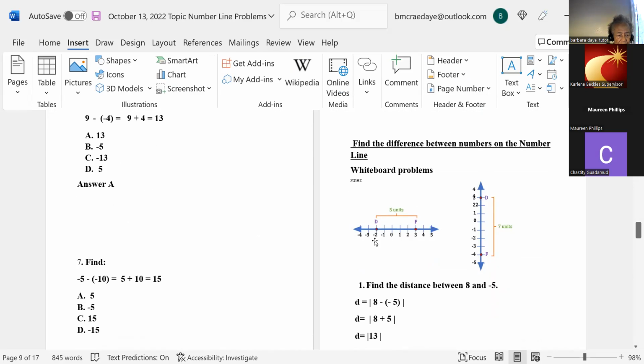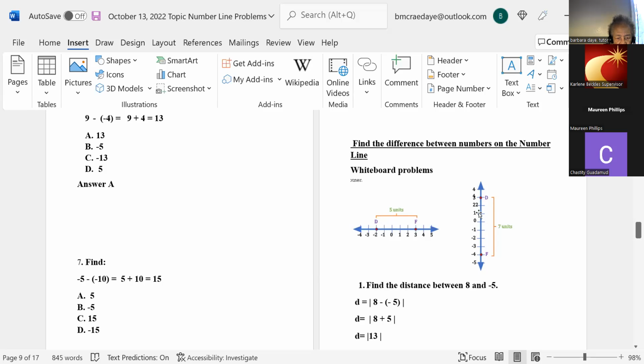Really, between the -2 and a 3, you have 5 units here, right? But you can actually see them: 1, 2, 3, 4, 5. The same thing over here, although there's an error here.